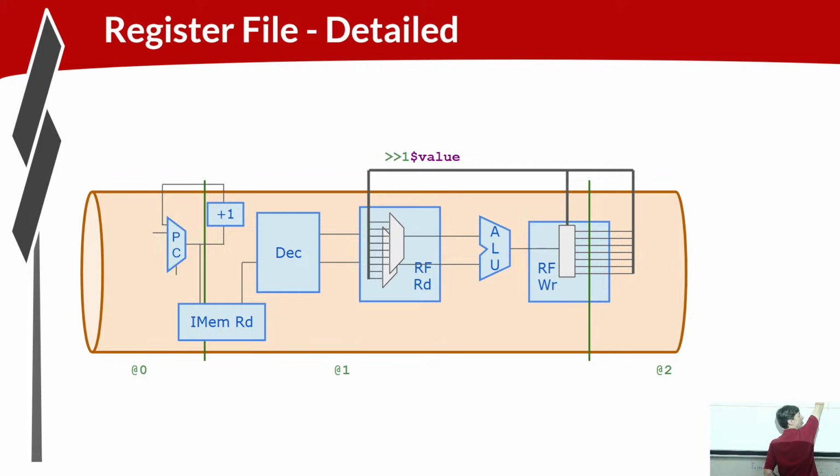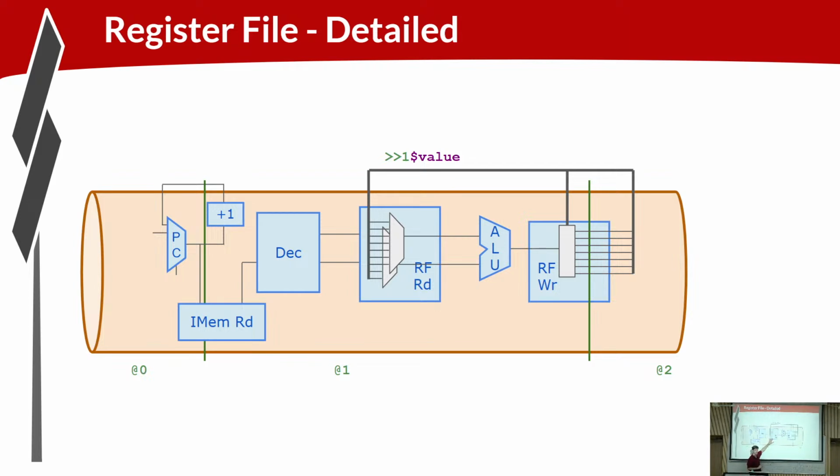So this is the data in the register file. The read functionality is associated with, let's call these instructions A and B, we're looking at the read that B is doing.